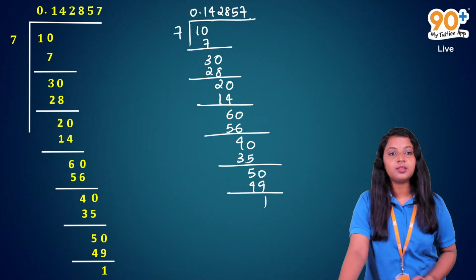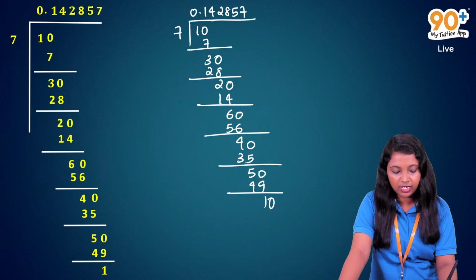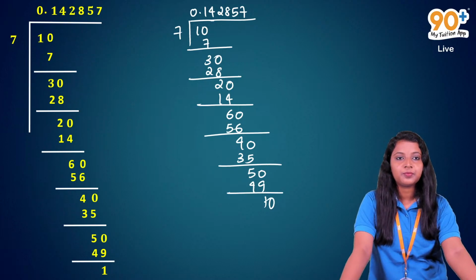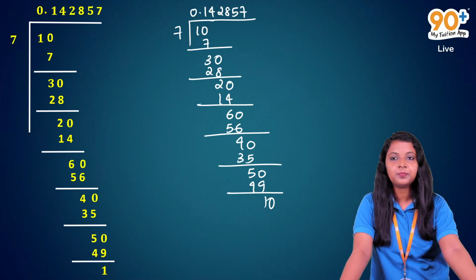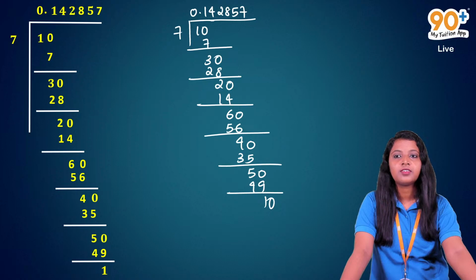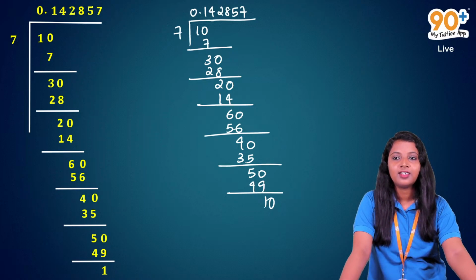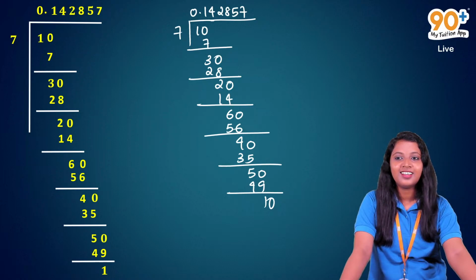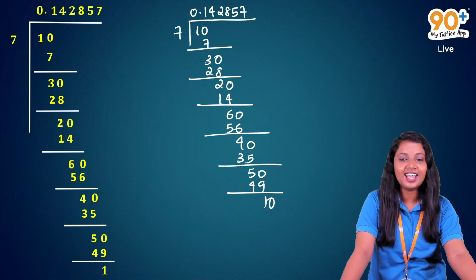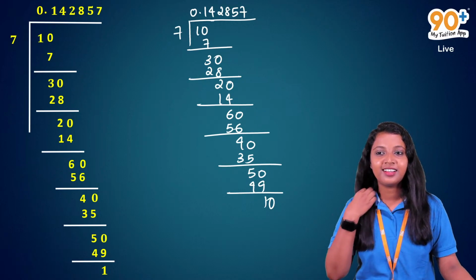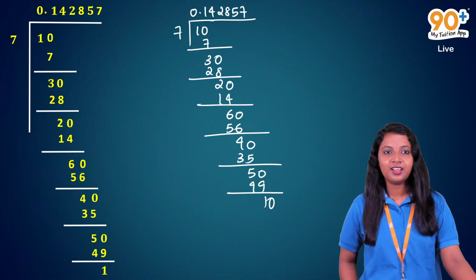We got 1 as the remainder and then we have to put a 0 here. Yes. Please unmute here, ma'am. Ma'am, are you confused? Ma'am, can you hear me? Yes, you are audible.